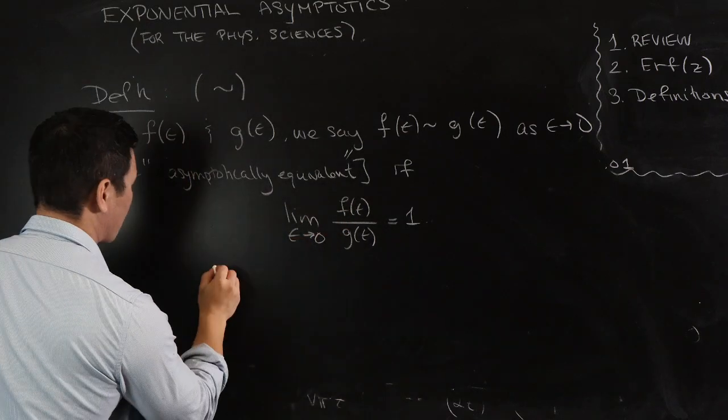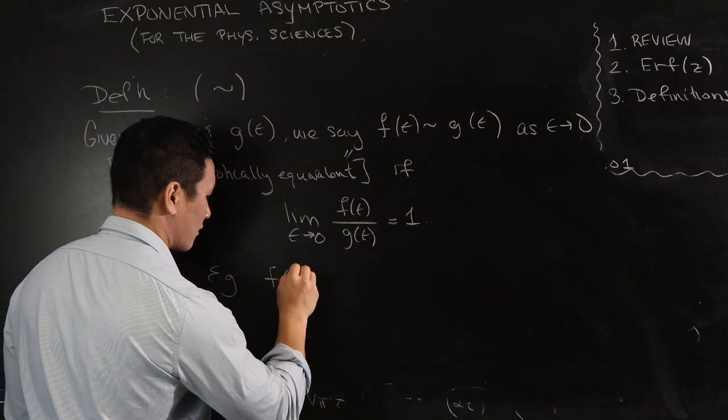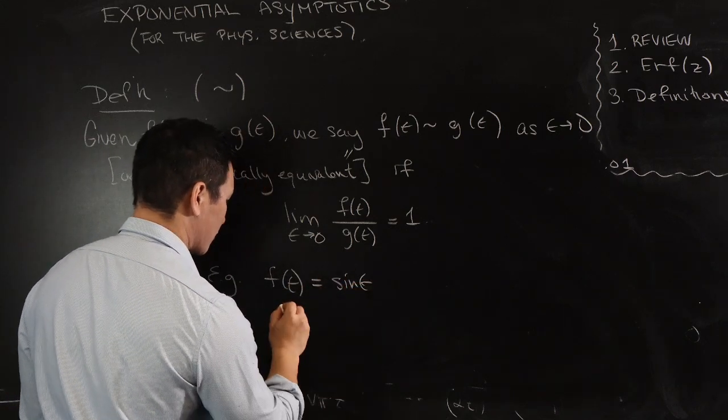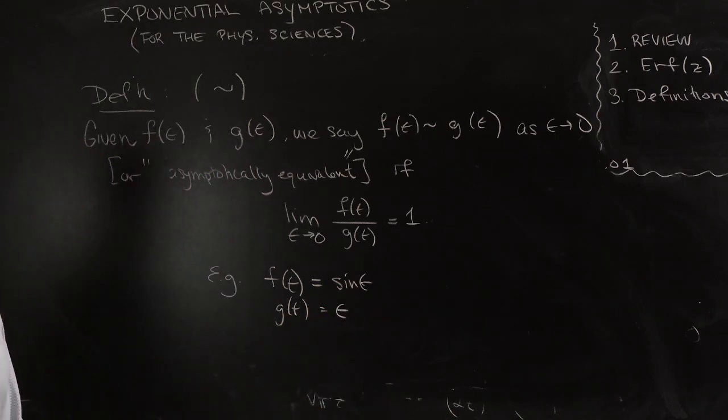So as an example, take f of epsilon to be sine epsilon, and take g of epsilon to be epsilon. They both look like a line of gradient 1 as epsilon tends to 0.